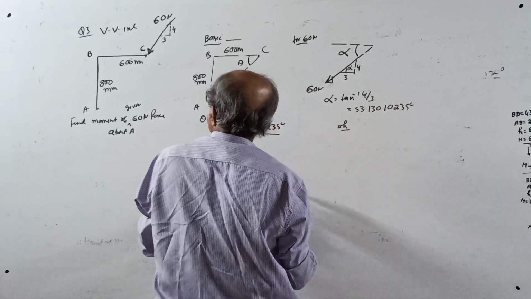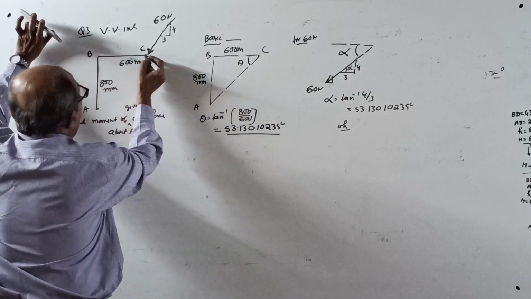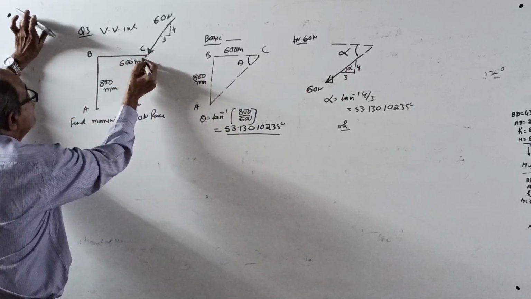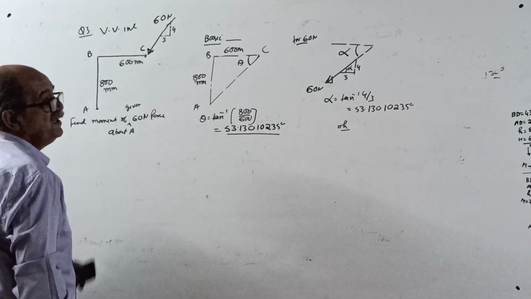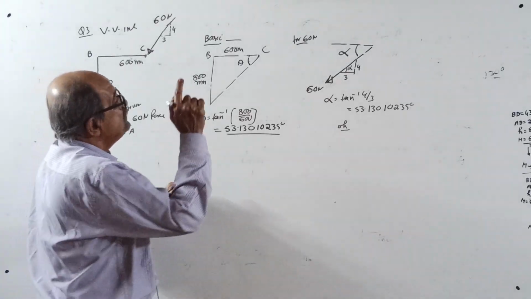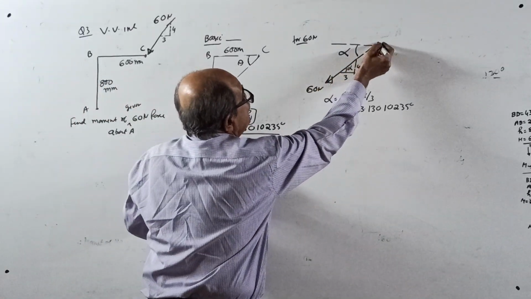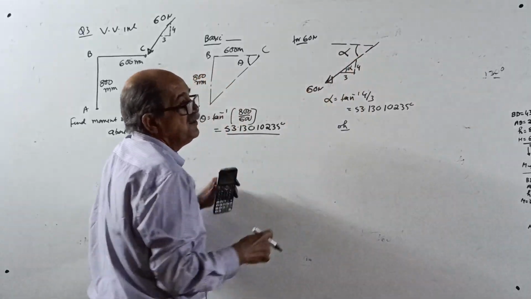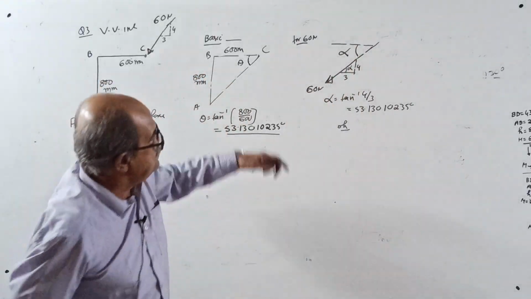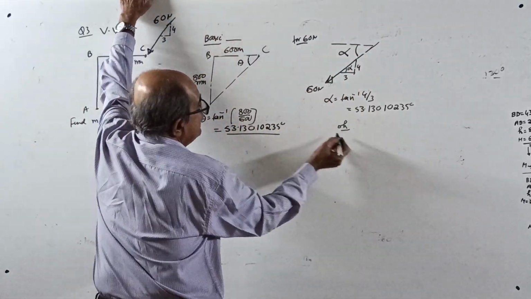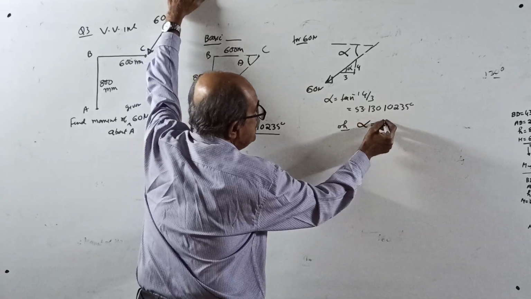What angle line C to A makes with the horizontal, the same angle is made by the 60 Newton force with the horizontal. Therefore alpha equals theta.